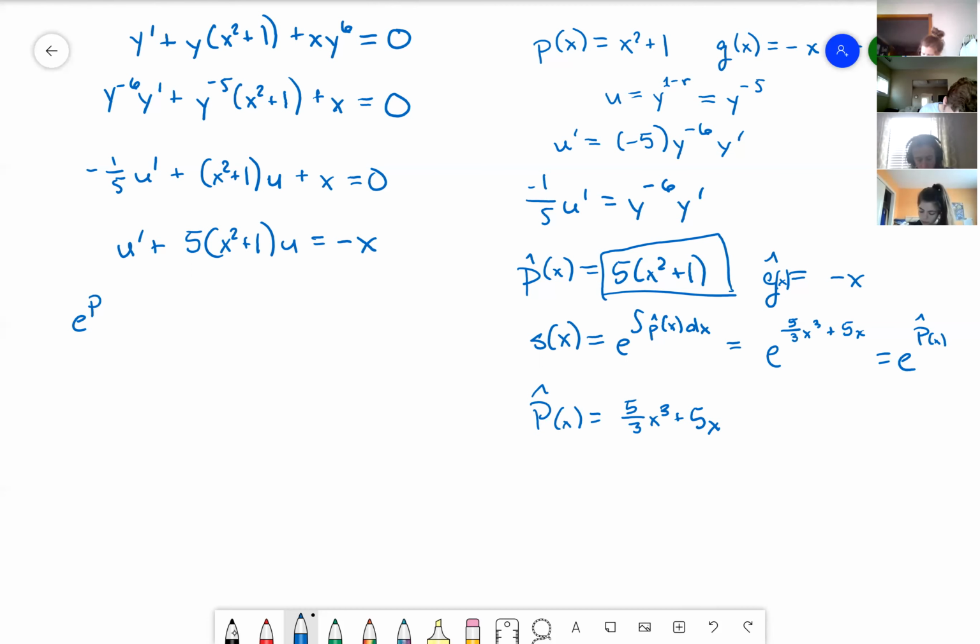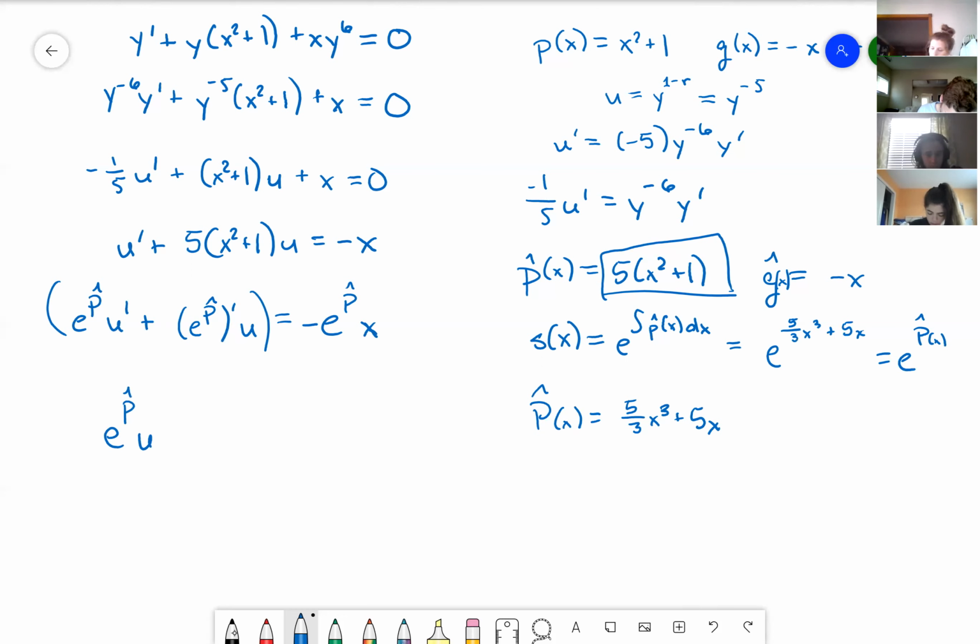So this is e to the capital P u prime plus e to the capital P prime u is equal to e to capital P times, and I don't want to forget the negative sign, minus x. So this side, of course, we can rewrite as e to the capital P u prime equals minus e to the capital P x.